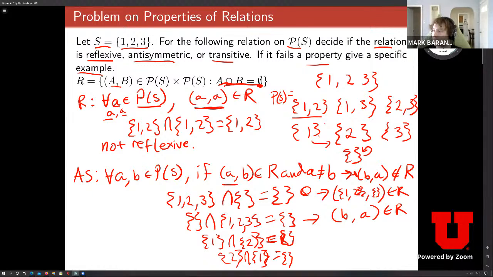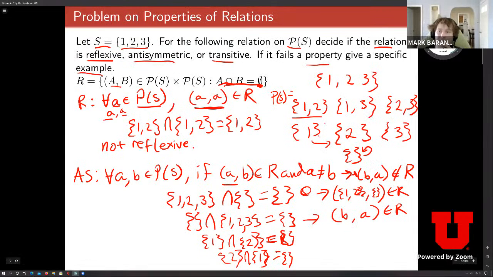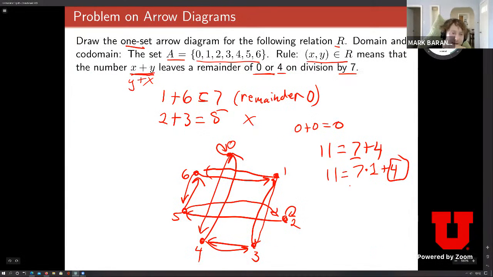Any questions on that? I don't think I fully understand what is happening in the intersection. Like, why is the empty set intersect {1, 2, 3} the empty set? Right.